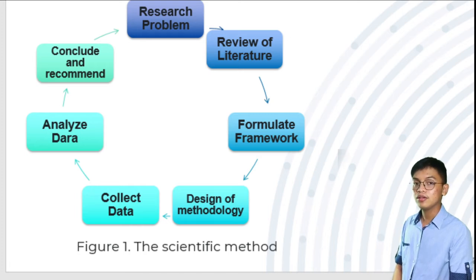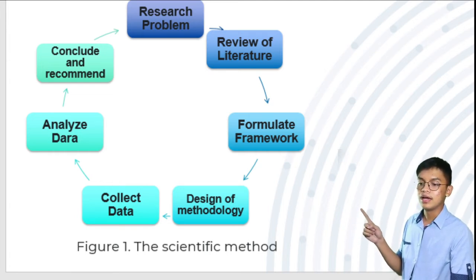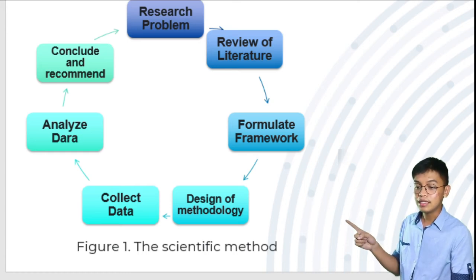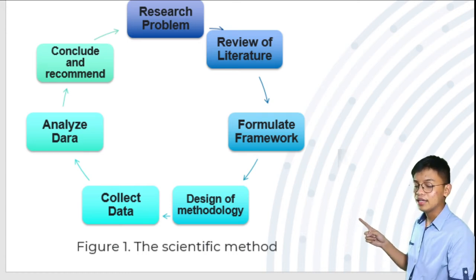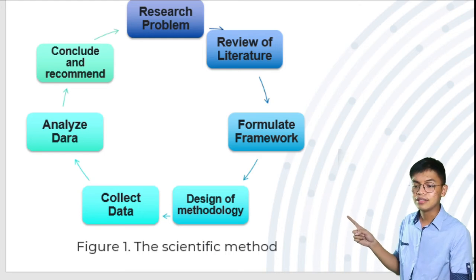After designing your methodology, you can now collect your data. After collecting your data, you can now analyze it using statistics. After analyzing your data, you can now make your conclusion and recommendation.